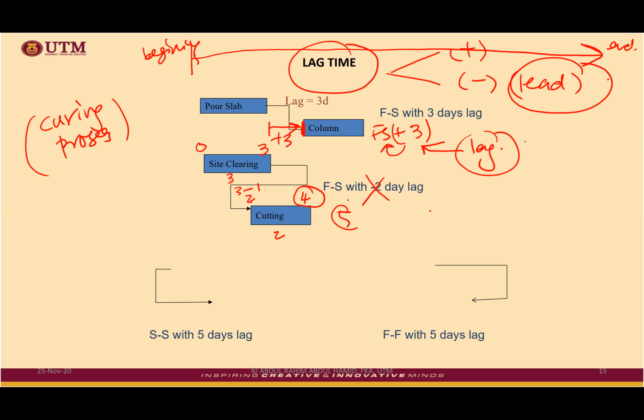So you notice that once we start the following activity a little bit earlier, then we can cut down on the project completion date. That's how we play around. We play around with the type of relationship in order to compress the project so that it will not be that long. Okay, next.